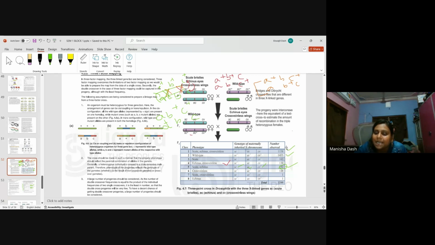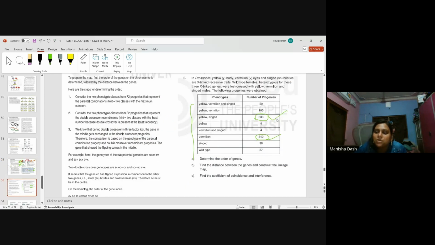You are observing, right? Whatever maximum number of progeny that you are observing, that is actually a parental combination. And what is the lowest number that you are observing here? The lowest number is this 4 and 4. So this means these are the product of double crossover, because two crossovers occurring simultaneously is not a simple thing.